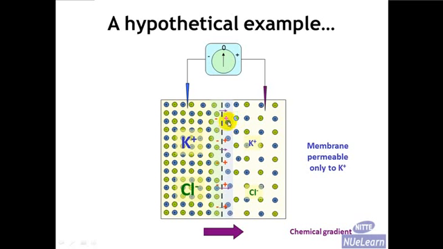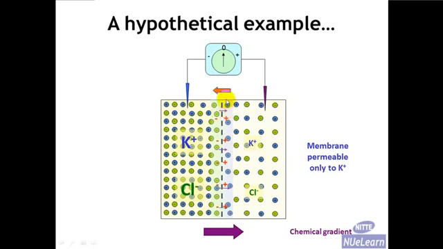Therefore, you can see that there is a separation of charges across the membrane. On one side, there is a marginal surplus of negative ions, and on the other side, there is a marginal surplus of positive ions. So this leads to development of an electrical gradient.